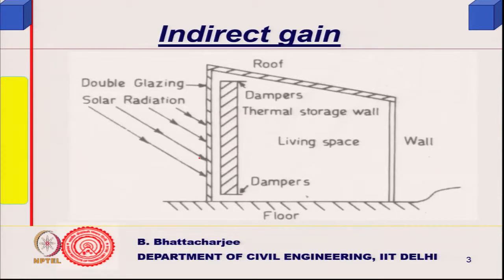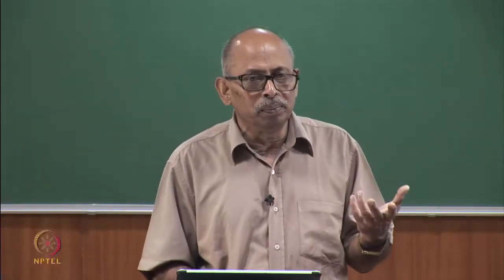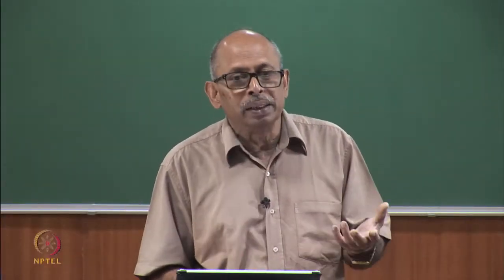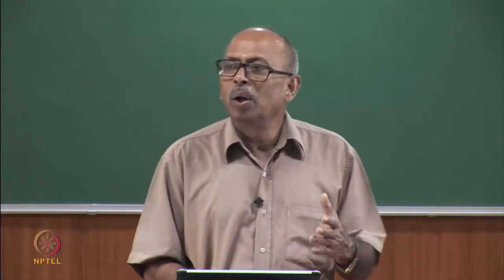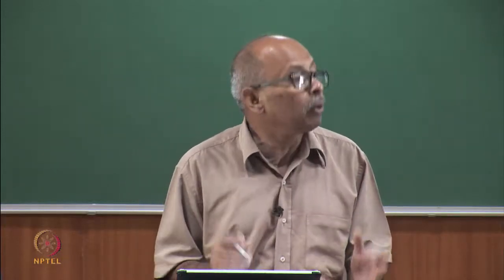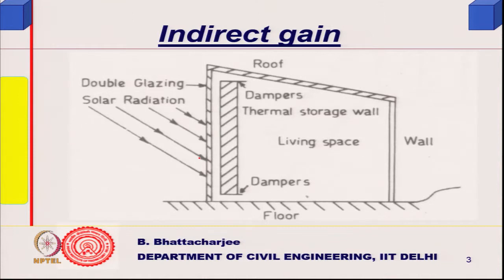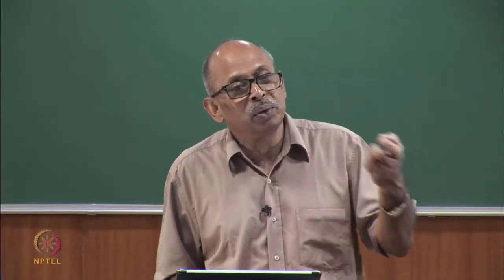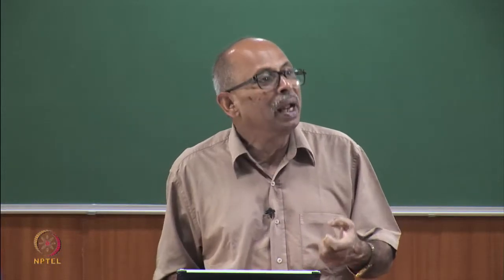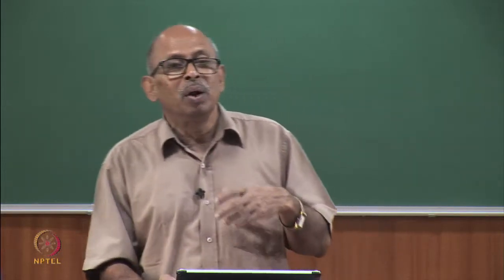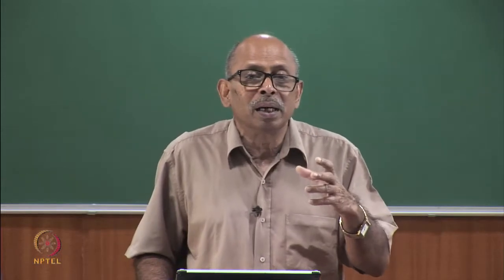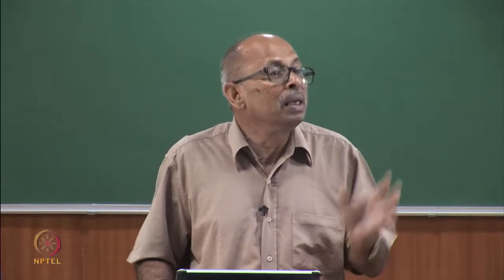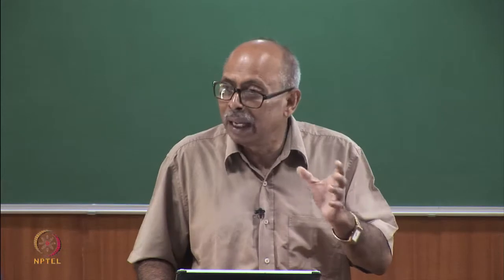You have a glazing, that is glass. As I mentioned earlier, glass is transparent to solar radiation, but it is opaque to long wave radiation. So, you can use a lot of glass in such climatic situations, subtropical conditions, because it will allow a lot of heat to come in and get trapped, or for that matter in the cold climatic zone in the Indian subcontinent, you can use them there as well.